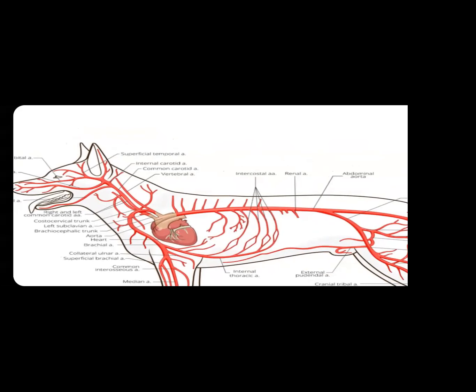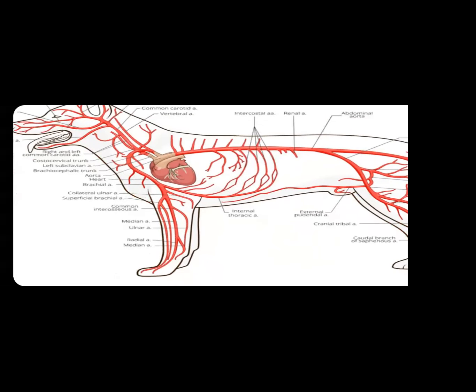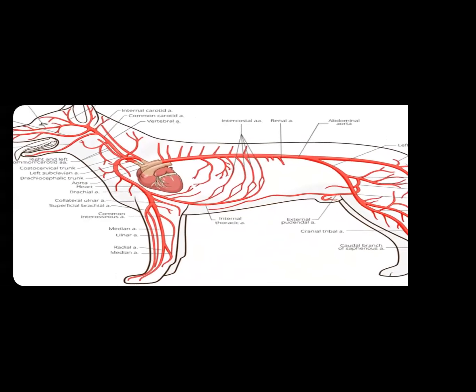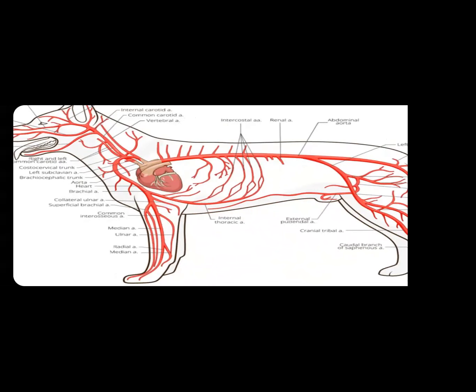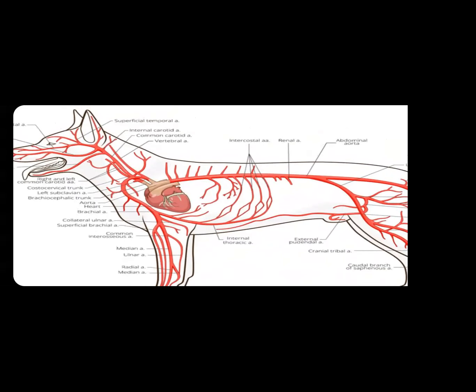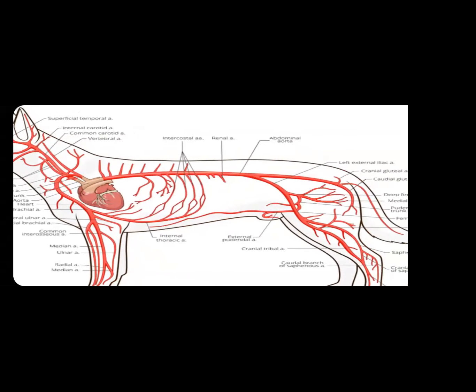So from the heart, we've got the aorta, which branches off to what we call an internal thoracic aorta, which is going down the thorax. Then we've also got the intercostal arteries, which are branching off from the renal aorta. And we've also got the abdominal aorta. If we go down, it's the one that's continuing after the renal aorta breaks off.